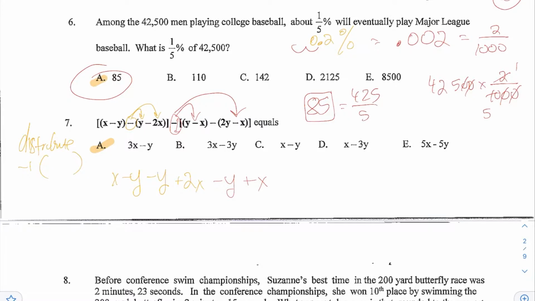Then you have that -1 distributed to the second part, and this part's already negative, so you just turn it positive. You have -1 distributed to negative parentheses 2y minus x. Just turns into plus 2y minus x.